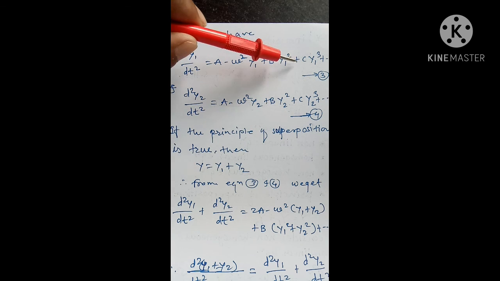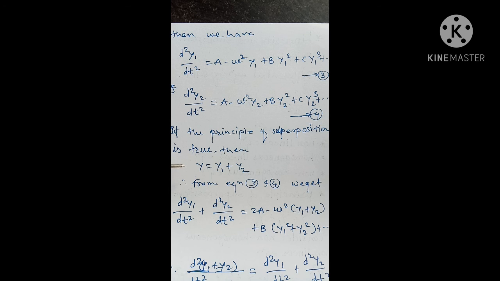Equation 3 and equation 4 are for the displacements y1 and y2 respectively. If the principle of superposition is true, then the resultant displacement y is equal to y1 plus y2.